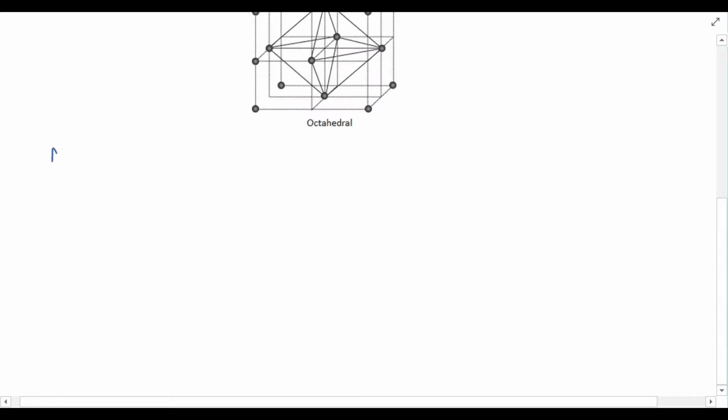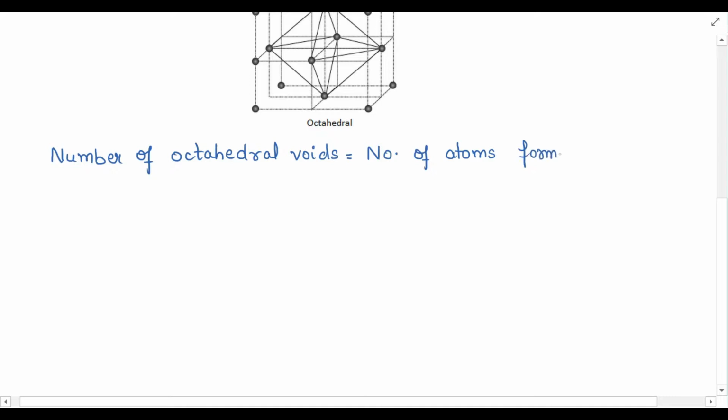That means number of octahedral voids equal to the number of atoms forming CCP structure, right?